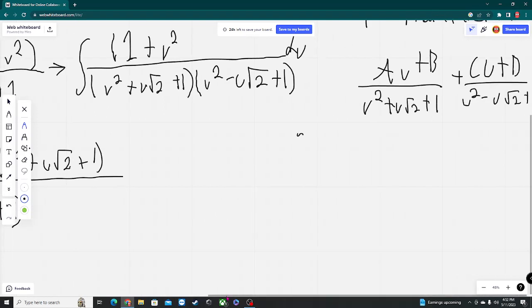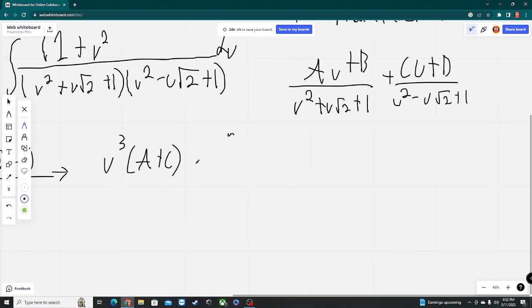Now, this is going to turn into a mess of a fraction. If we're going to do this in the most simplified way possible, which will help us solve our equation, we're going to need a lot. So, u to the third times our a plus c. If you guys remember my partial fraction video, I kind of explained how this works.